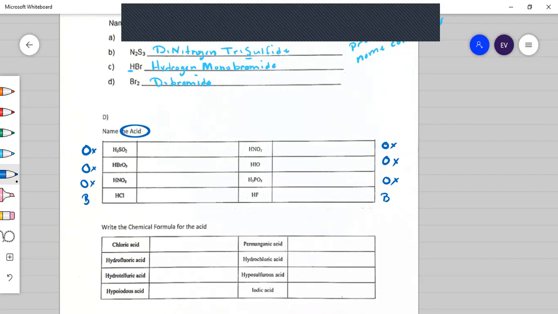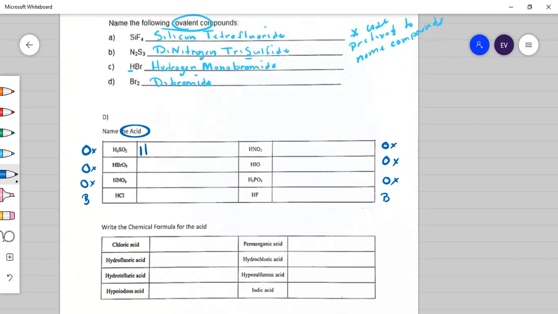H2SO2. So this one, again, it would be hyposulfurous acid. Well, Mr. Why hypo? Well, let's look at chlorate. Chlorate is a ClO3 molecule, right? It has a -1 charge.